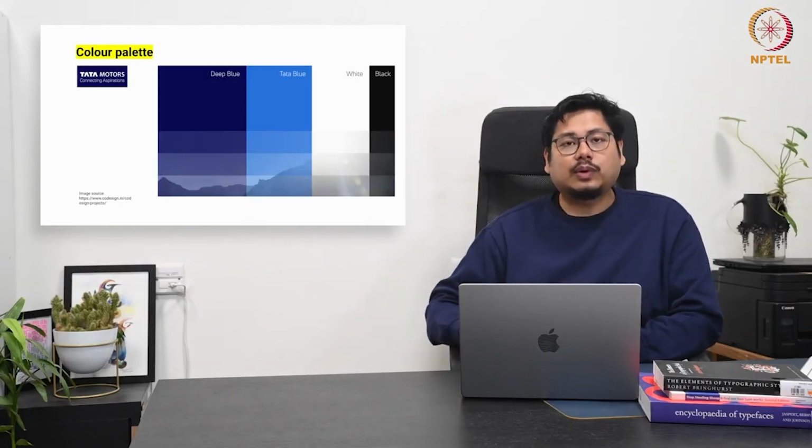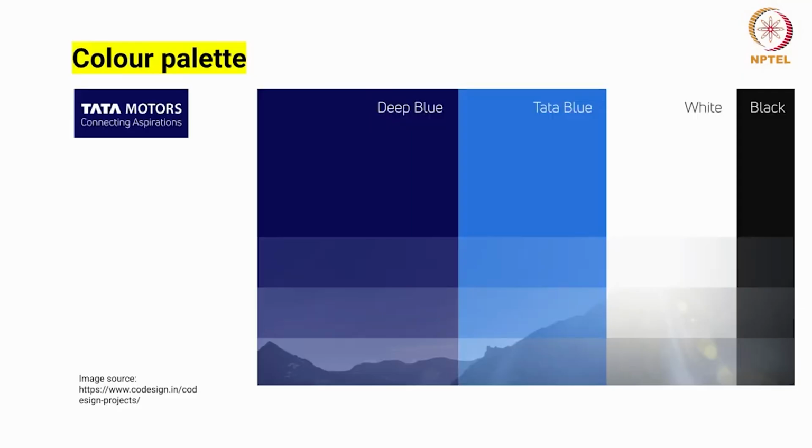The primary element is the logo, as I said. Next comes color. This is another element where colors play an important role, and as we discussed previously, colors bring out emotion in an individual, so choosing a specific set of colors to represent a brand is very important.